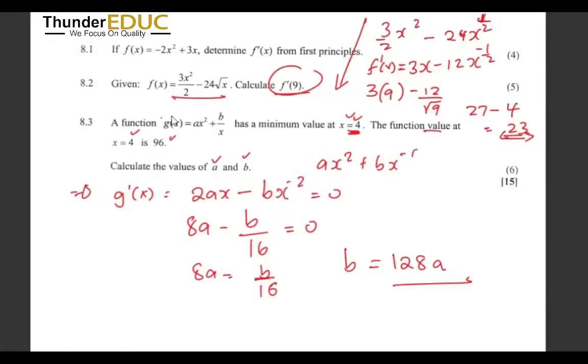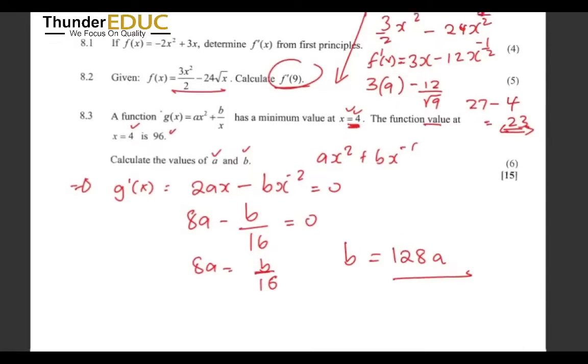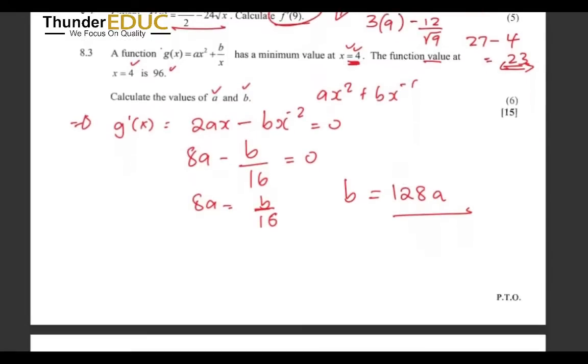So where there is x, I can use now the original expression. So I'll have my 96 is equal to a times 4 squared, which is a 16a, plus b over 4. But we know that b is 128a, so let's do the replacement.